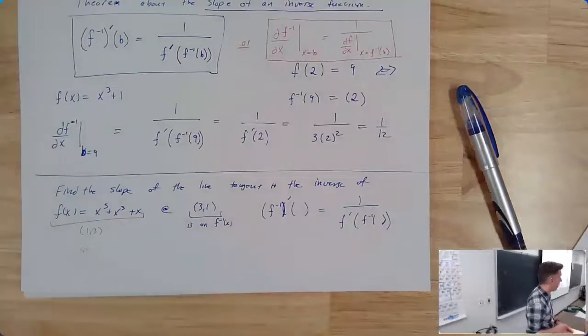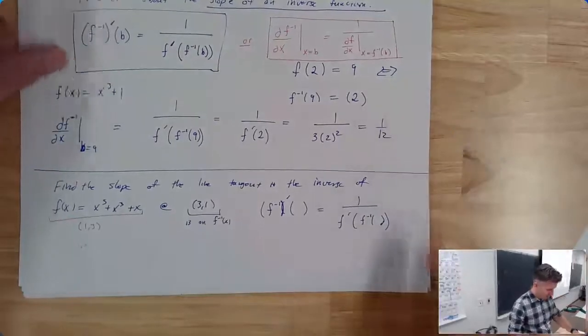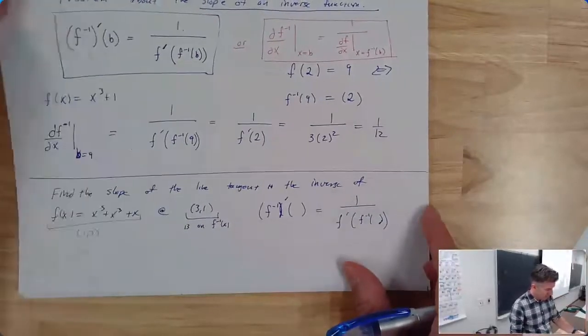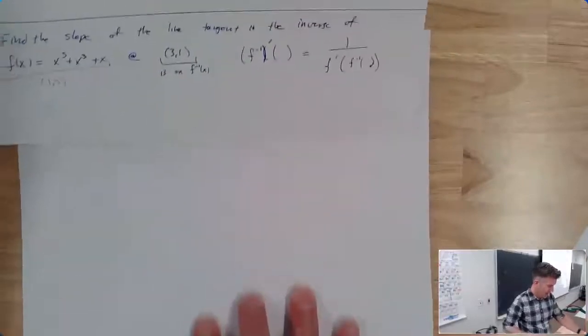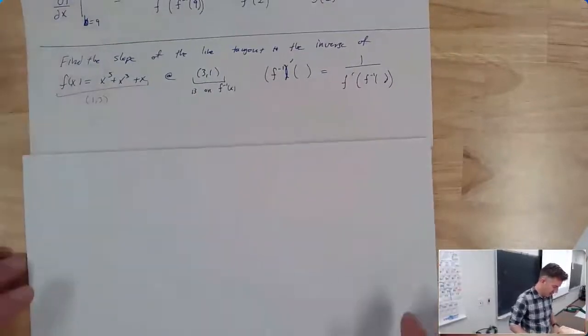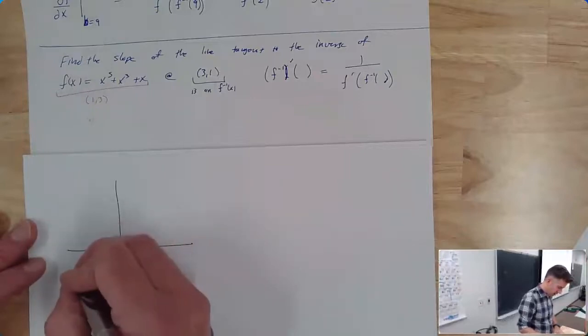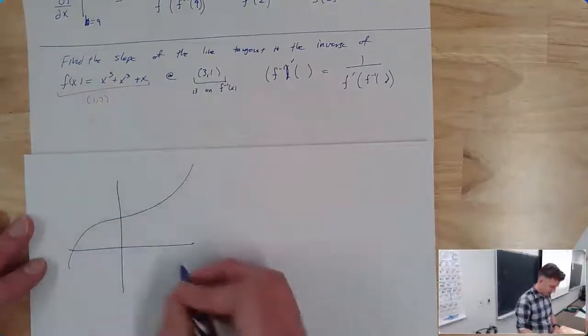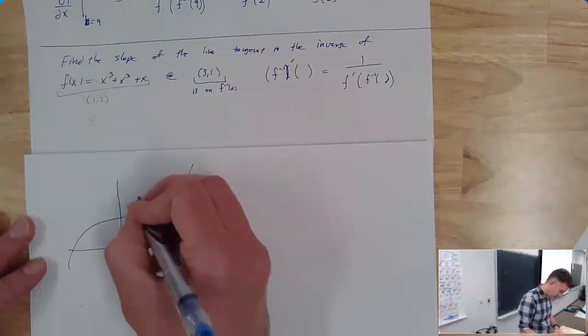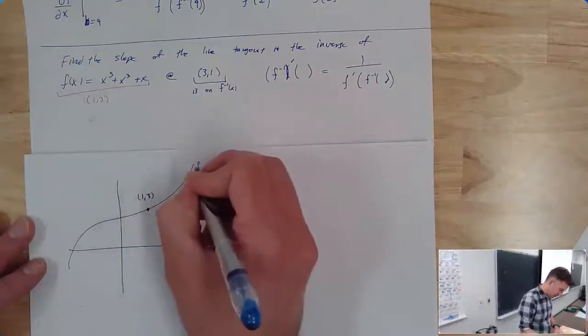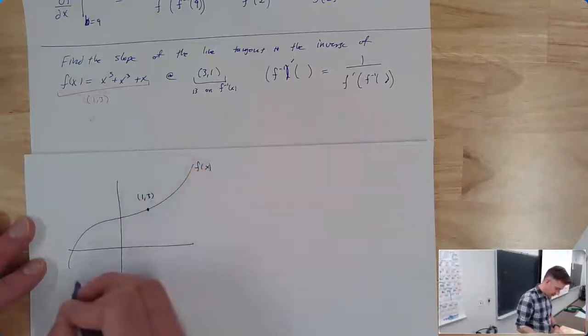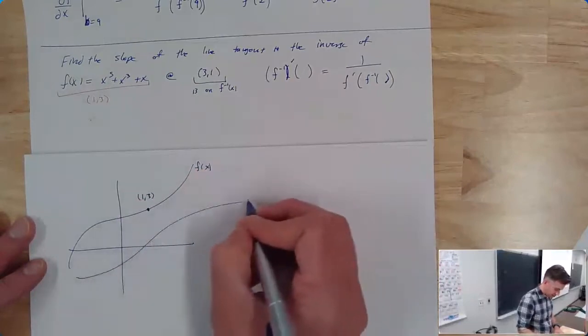So I'm trying to find the slope of the tangent line. Again, we can draw pictures here to make more sense of this. I've got some function, maybe it looks like that, and here's the point 1, 3. That's my original function. And here's my inverse, which I'll try to draw looking somewhat inverted.